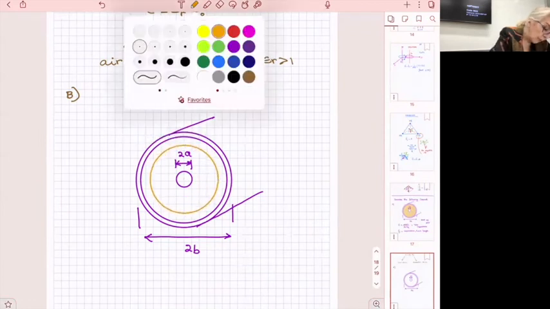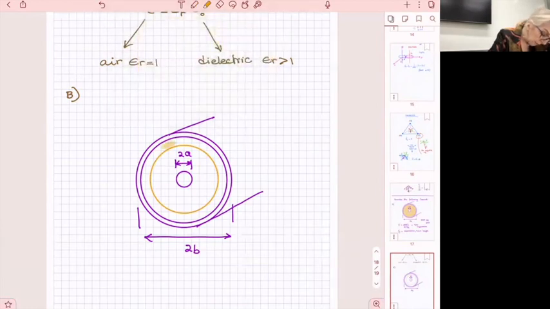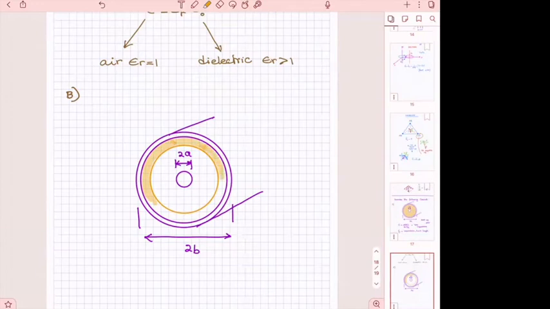Okay, and let's assume now that my material is here. How would you solve this problem without solving again for any equations or anything? What would you do for that? So we're solving for like capacitance again.